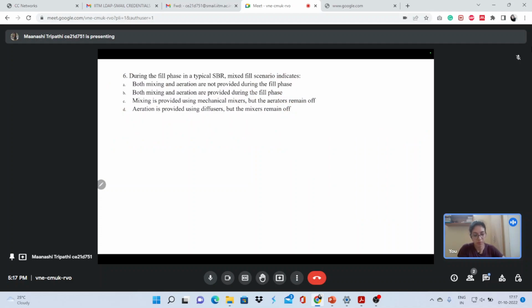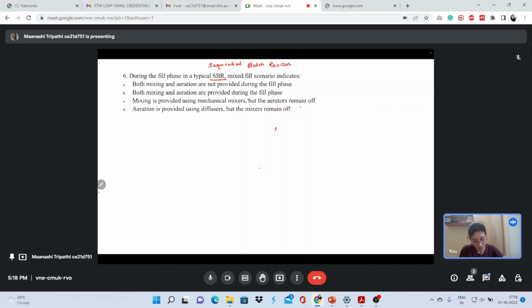This is question number 6. This is a question about SBR, meaning sequential batch reactor. I will write it so that you can remember it.